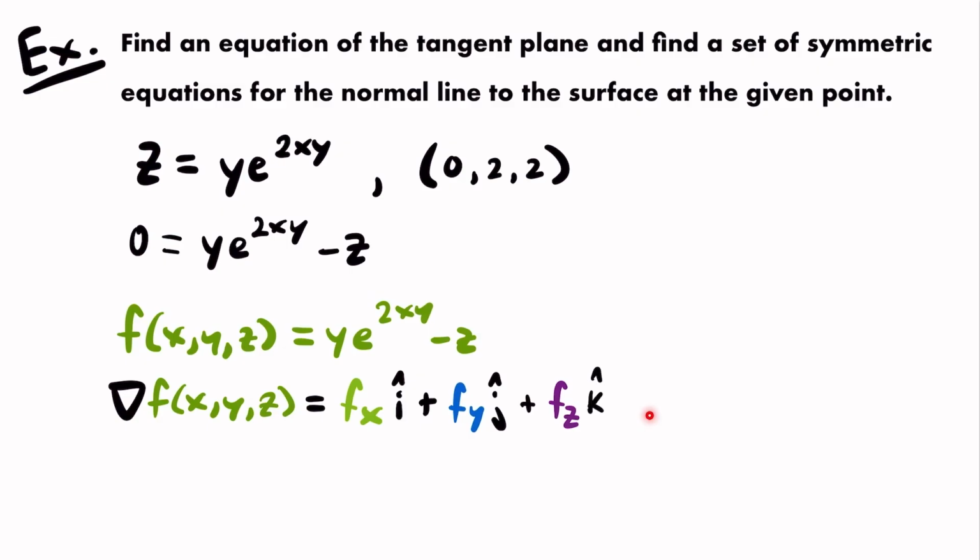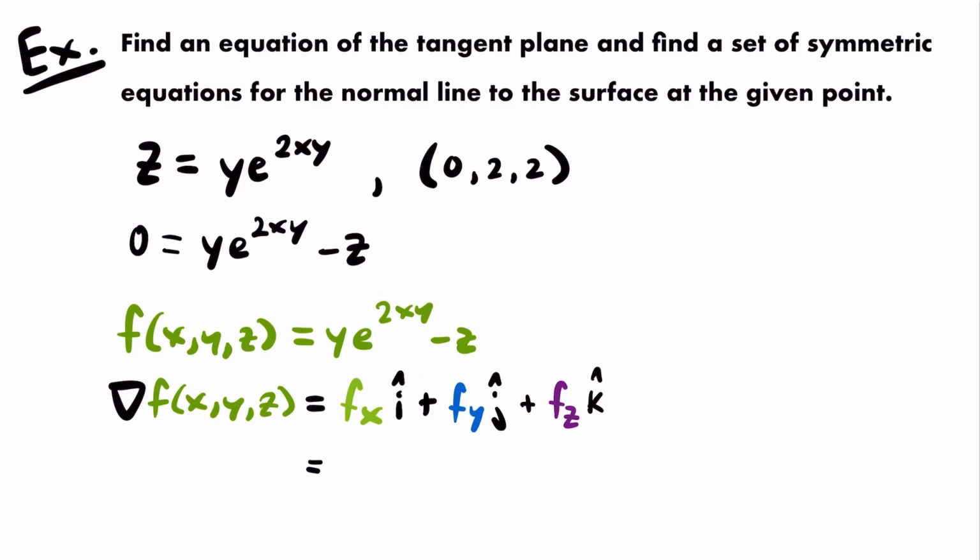All right, so let's start with the partial derivative with respect to x. Looking at this function here, we can ignore negative z. That's not in terms of x. It's a constant whose derivative would be 0. But then for this term, x is in the power of this exponential function, so we do need to take the derivative of that. Okay, we'll keep that y in front of it, but then the derivative of an exponential function is just that exponential function, but then multiplied by the derivative of the exponent.